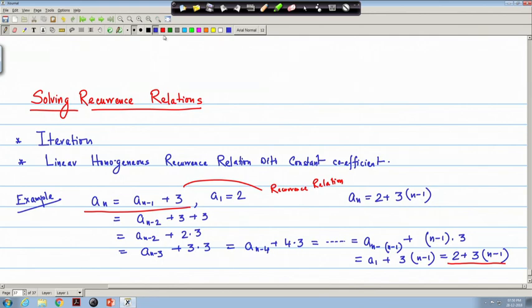So, this is my explicit formula or the solution. This is my solution of the recurrence relation, because it depends only on n, or I can say this is the explicit formula.